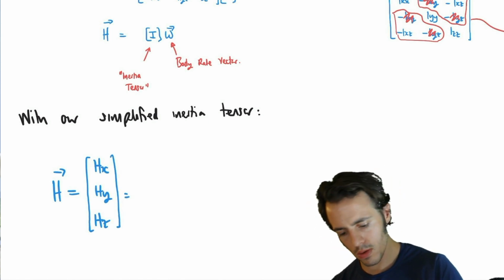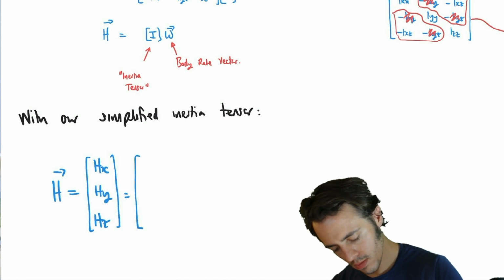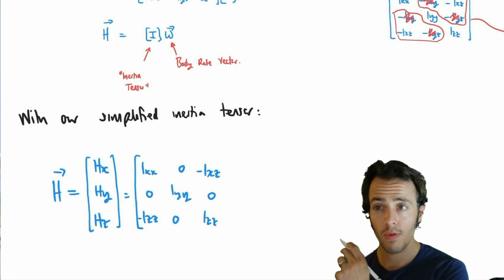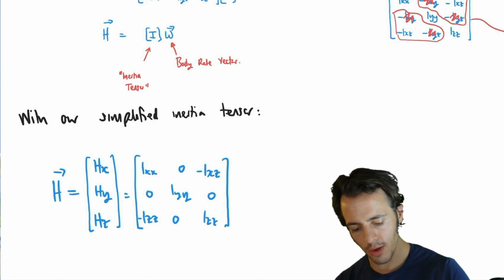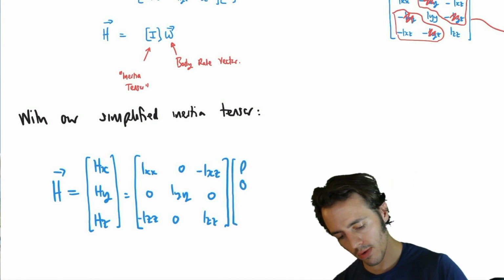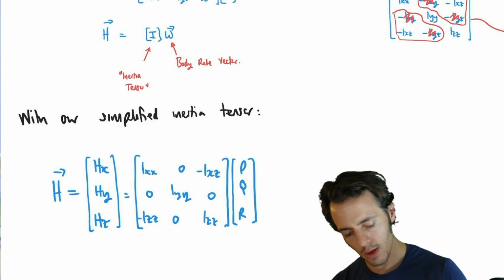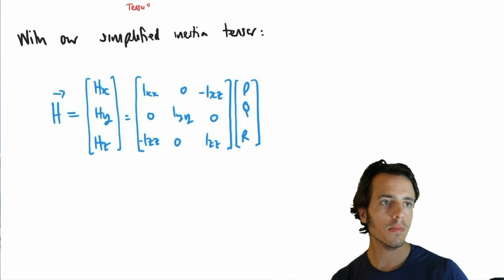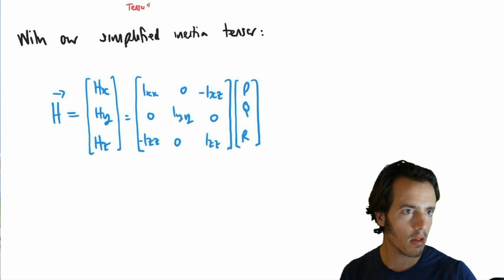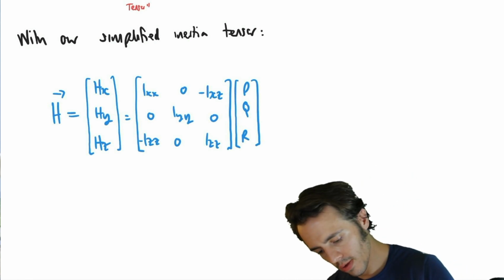That's equal to our new svelte inertia tensor. We lost 4 terms out of it, which is pretty cool. Multiplied by our rate vector, P, Q, and R. Sorry, our rate vector, not our rotation vector. So we can then multiply this out and get the different terms for it.